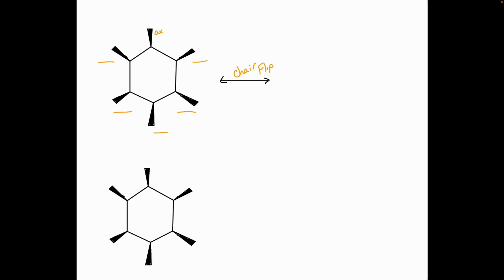Then we're going to do a similar example, but now I'm going to make every other one pointed in the opposite direction. Again, this one's going to be in the axial position, and you're going to give me what happens after the chair flip.